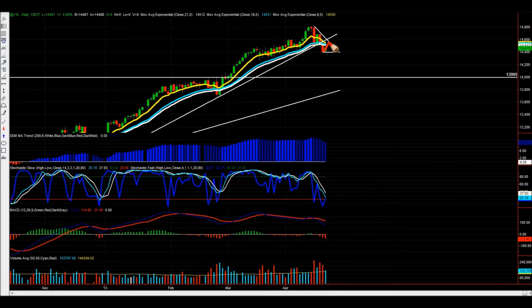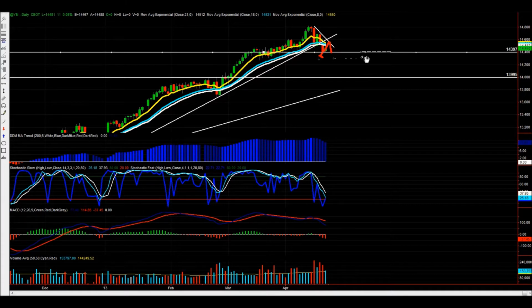Looking for a bounce, and then I'm looking for it to come back through here and to decisively break this level here, which is around, let me just draw a line here, 14,397. So that's sort of what I would be looking at, and if we get a decent close below there, I'd be looking for a move somewhere into this level.